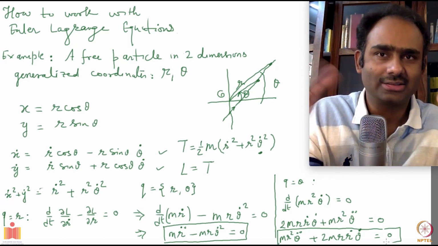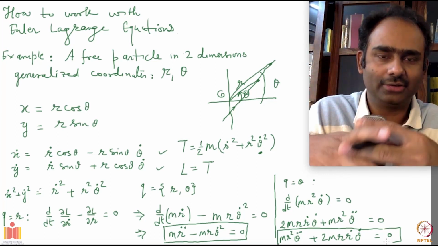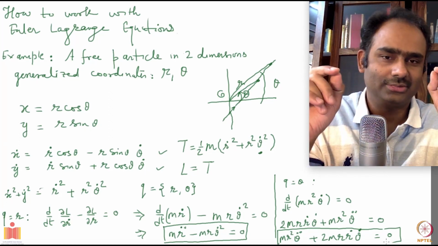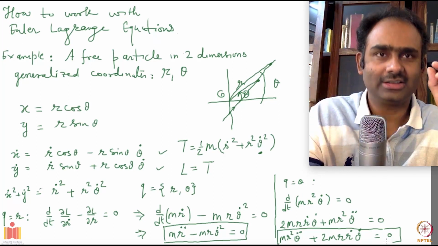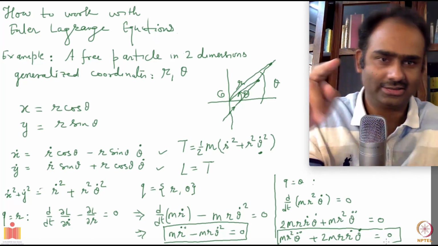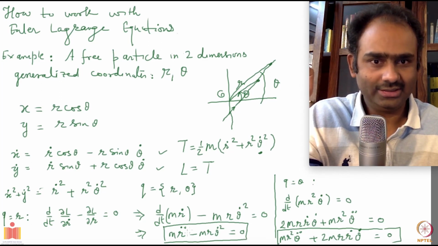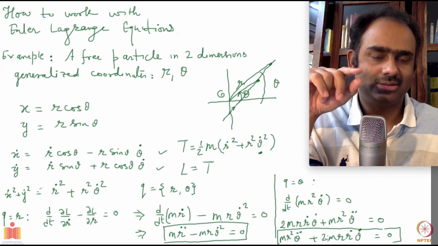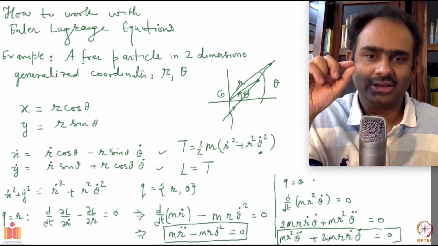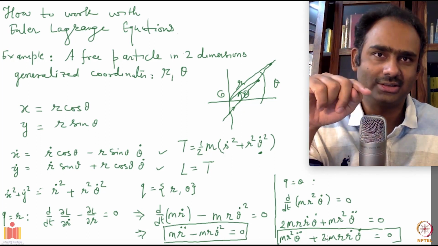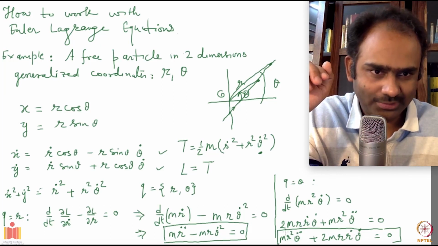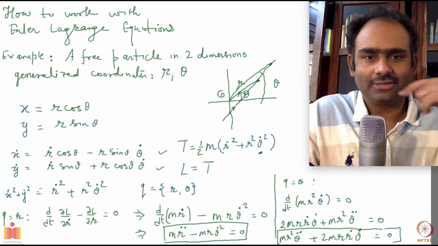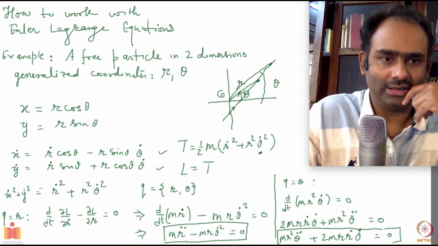If you take acceleration, which is the time derivative of velocity, and write it in polar coordinates, the component of acceleration along r hat, the unit vector along the radial direction, will be what you have on the left hand side here. And if you look at the component corresponding to theta hat, the tangential direction, you will get this piece, this term here, which is on the left hand side here. So these are our familiar results, which we have derived using Euler-Lagrange equations.